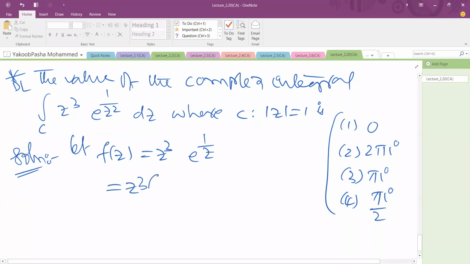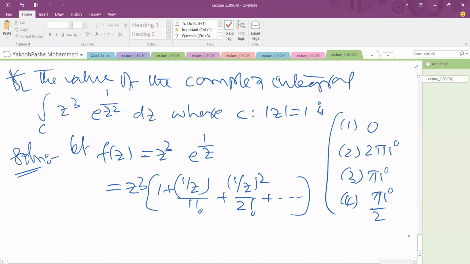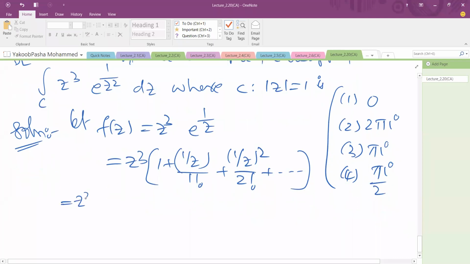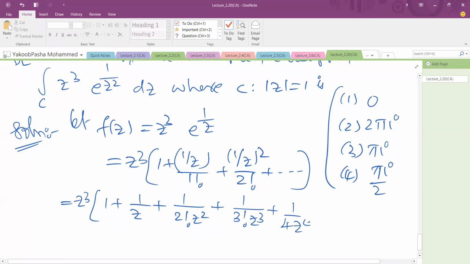That is z cube into the expansion of e to the power of 1 by z square, that is 1 plus 1 by z square by 1 factorial plus 1 by z square whole square by 2 factorial plus and so on.